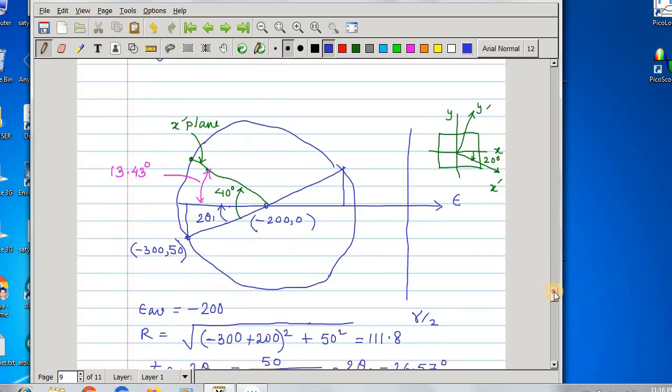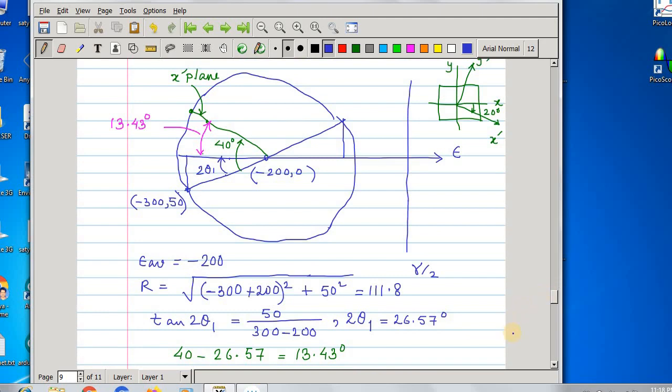So either you can do it graphically or you have to do it trigonometrically. So this 2 theta 1, the radius you have already got. Tan of this 2 theta 1 is 50 divided by this. So this is minus 300 and this is minus 200.